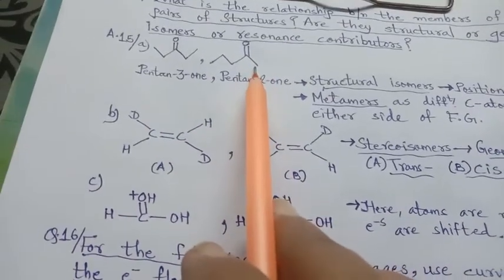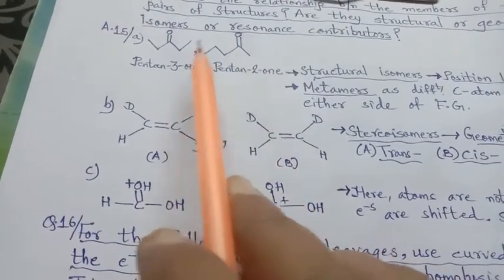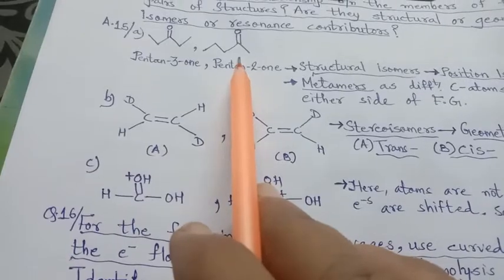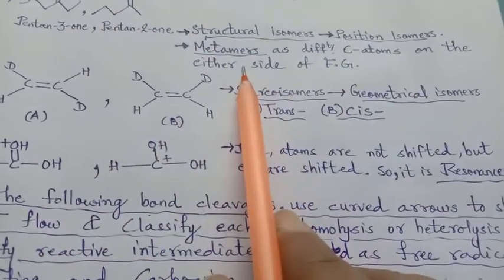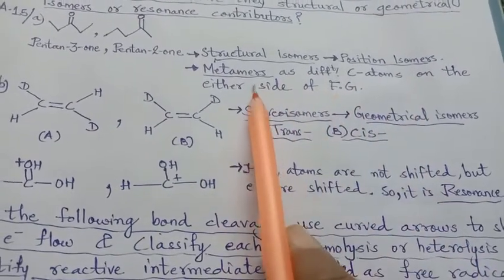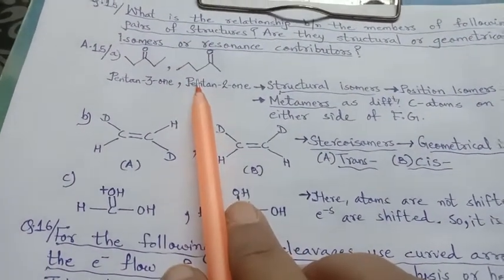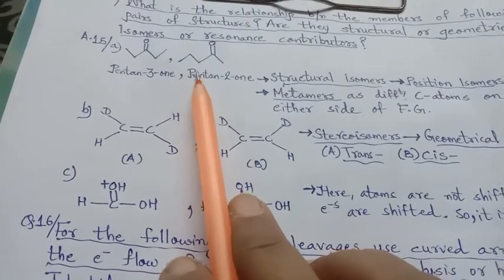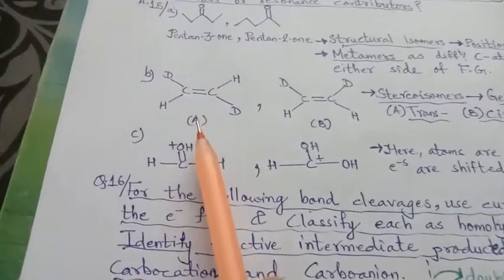So when, in a structural isomer, for the same functional group the carbon numbers on either side are different, then they are also metamers. So metamers, because of different carbon atoms on either side of the functional group. So for these two structures, the relation is structural isomer and they are of type position isomers as well as metamers. Right? Let us see the next one.